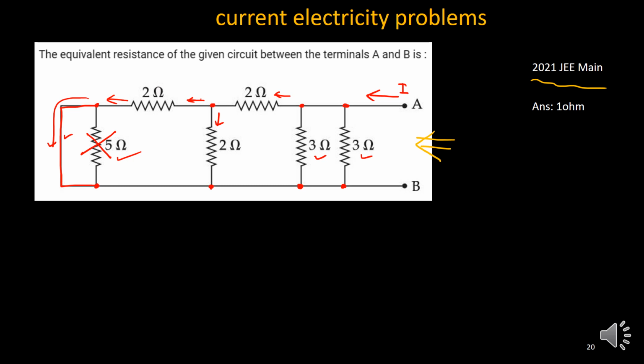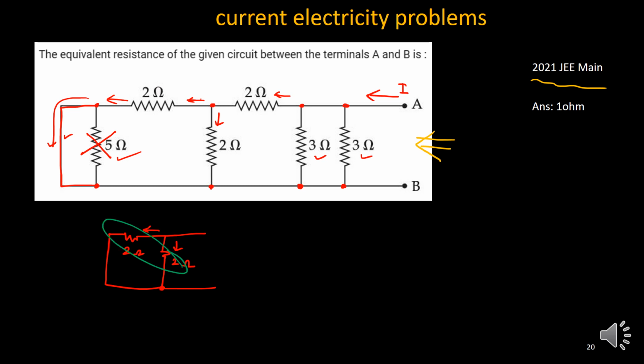Now if I redraw the circuit, this 2 ohm and this 2 ohm, some current will flow here, some current will flow here, and now they are connected again at the same point. So this 2 ohm, this 2 ohm, they are really connected in parallel. So these two I can combine.